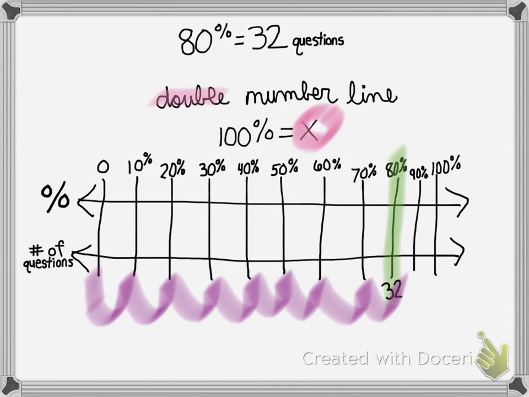Next, I'm going to count how many equal parts from the beginning of the number line to 32. And we have 8 equal parts. So that tells me that I need to increase my number line by 4, because 32 divided by 8 equals 4.